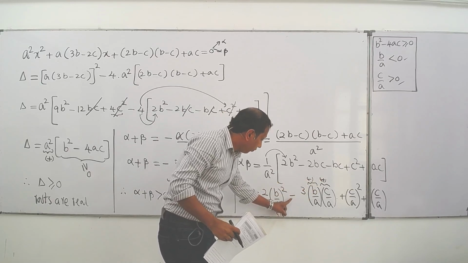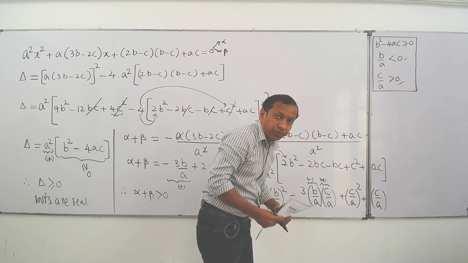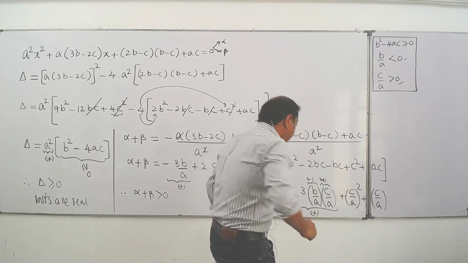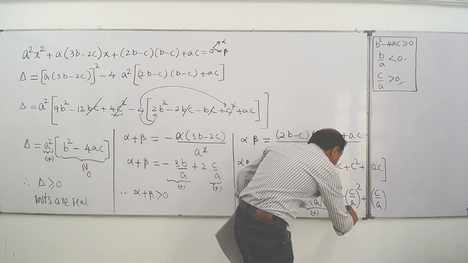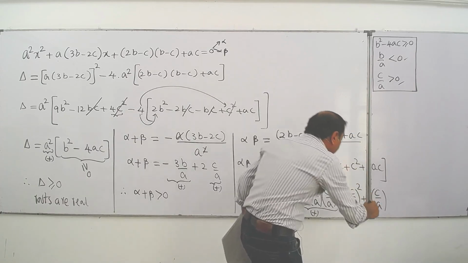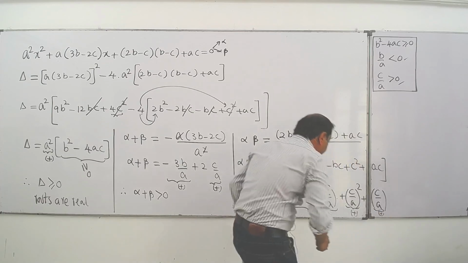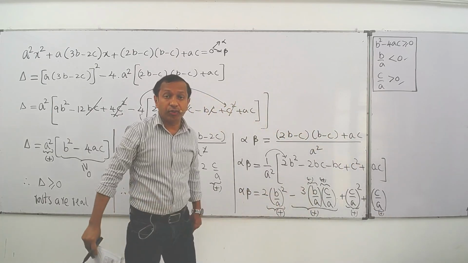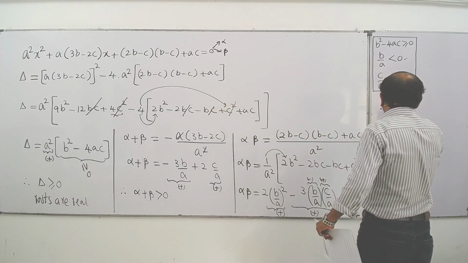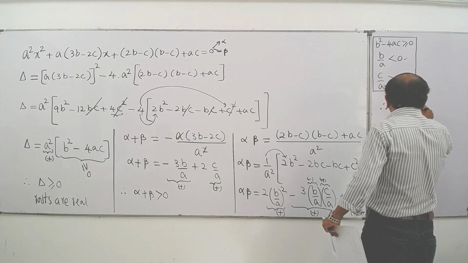Therefore, with the minus sign, this whole term is positive. Right. Here c over a perfect square, since this is a perfect square, positive. C over a over there positive. This is positive. Then, people, you can see the right hand side is clearly positive. Therefore, the alpha beta product is also positive.